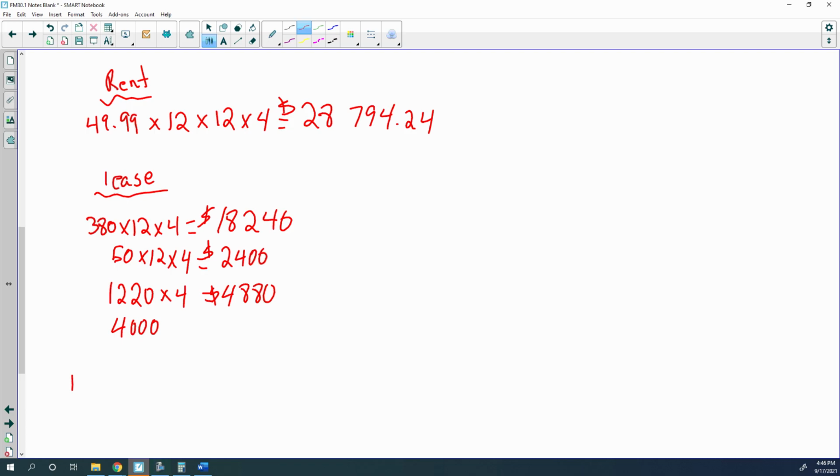So to find the total, I'm just going to add all those together. So we got the 18,240 plus the 2,400 plus the 4,880 plus the 4,000. When you add that all together, it works out to be $29,520.